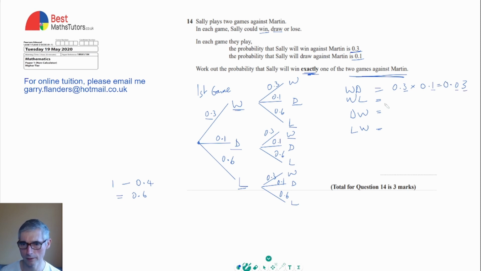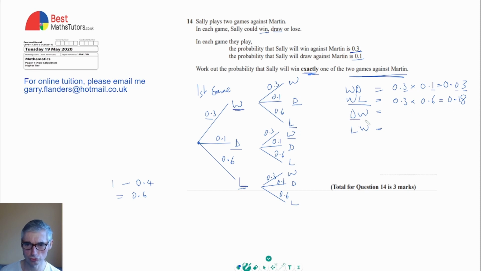So if we do the win-lose next, so to win the first one is 0.3, and to lose the second one is 0.6. So 3 times 6 is 18, and again making sure we have 2 digits after the decimal point, we have to put the decimal point in front of the 1 there. So that's 0.18.